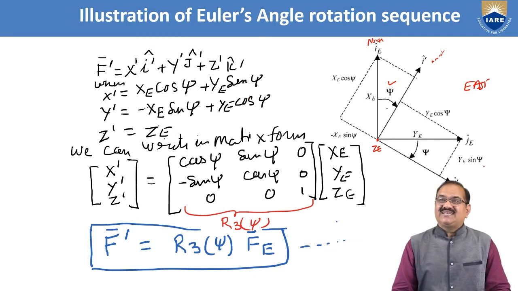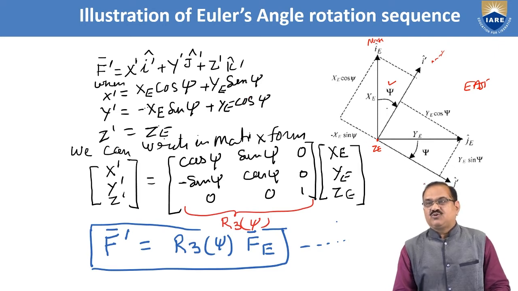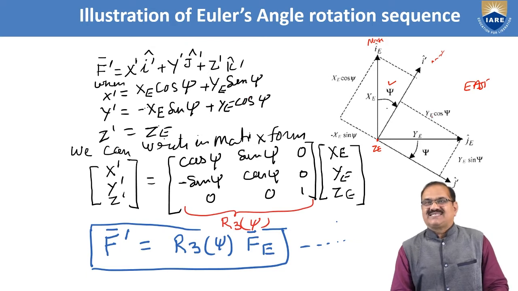Now Y direction. So in this direction, what will be there? Y prime is equal to minus XE sin psi. It is a minus, it is opposite to this. So minus XE sin psi and plus YE cos psi.